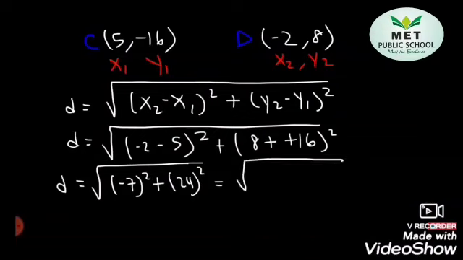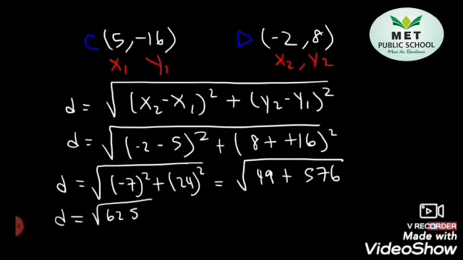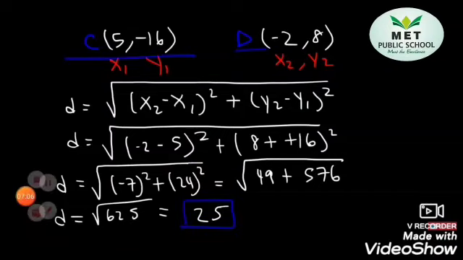So you will be writing square root of 49 plus 24 square, which means 24 into 24, which is 576. So your answer will be distance is equal to square root of 49 plus 576, which is 625. The square root of 625 is 25. So the distance between C and D is 25 units.